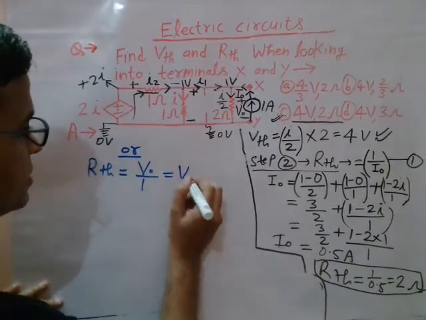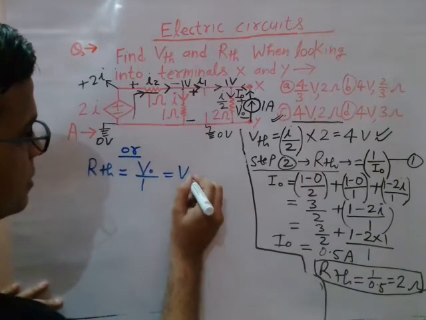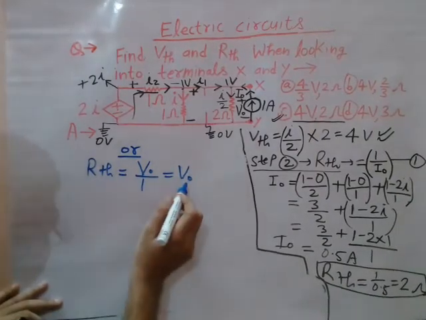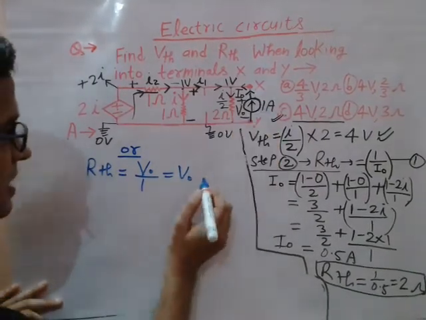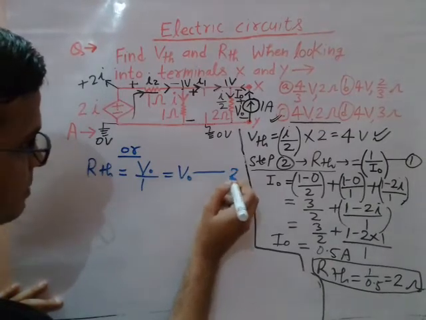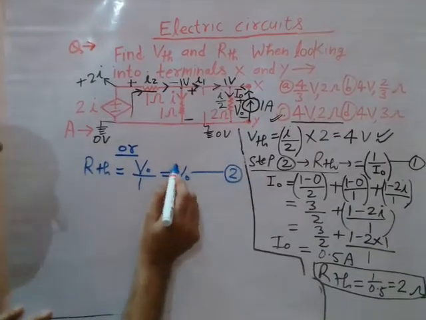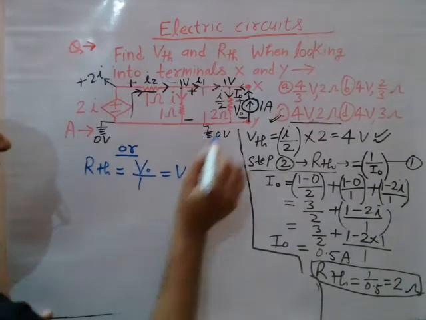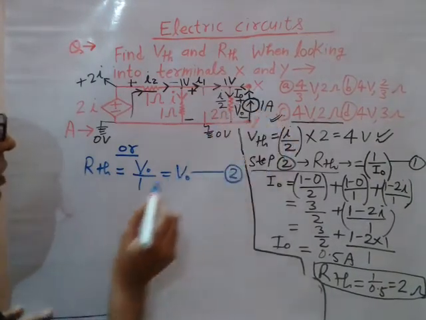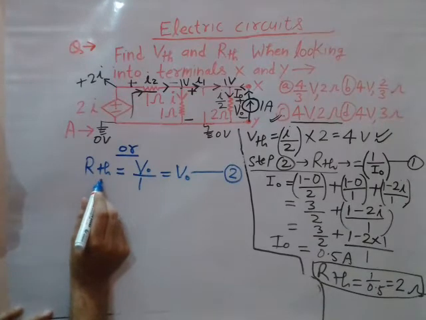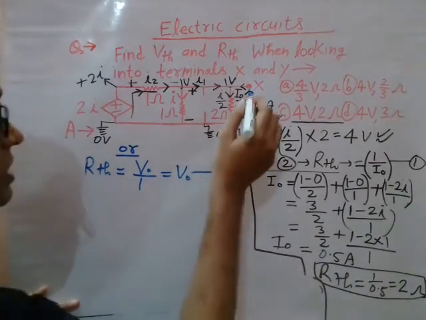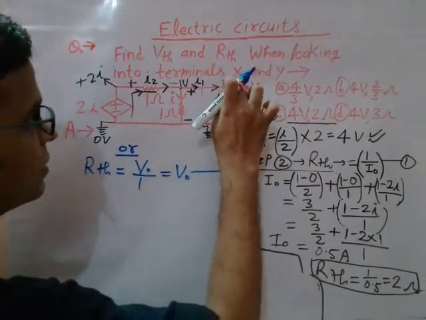So that means this is the value of RTH in this case. If you choose 1 ampere test current source, then this will be the value of RTH. That means if you, by any means, calculate this V0, you can directly find out this RTH. So now see here how to find out this V0.